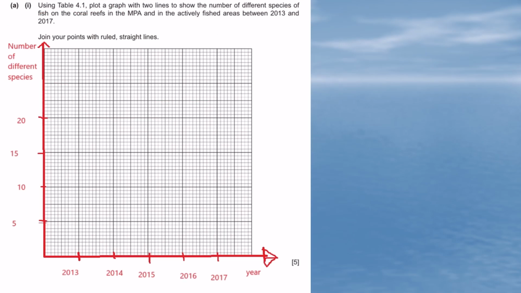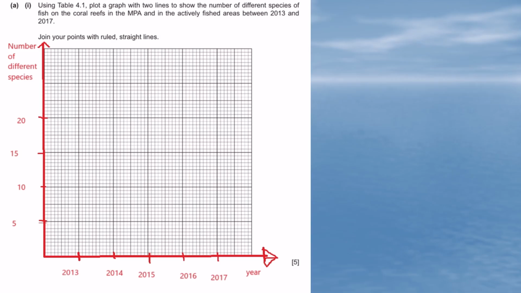So now they ask you to use table 4.1 to plot a graph with 2 lines to show the number of different species of fish in the coral reef in the MPA, and join your points with ruled straight lines. Another reason why you should always remember a ruler. I'm just going to show you the setup here again. Very badly done in Paint, but please notice I started by labeling the axes.